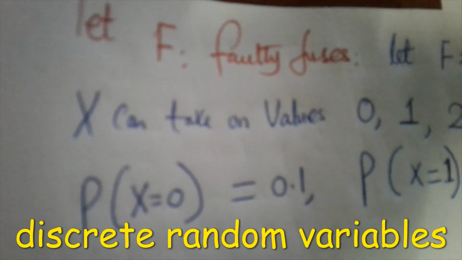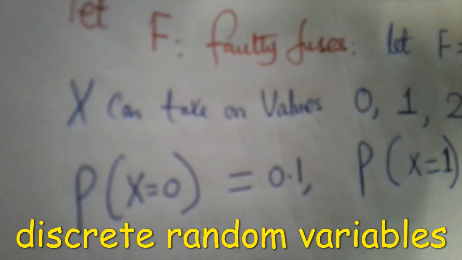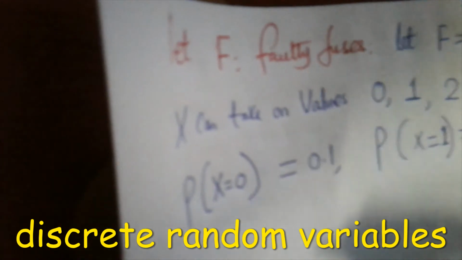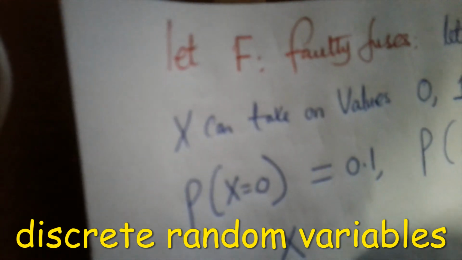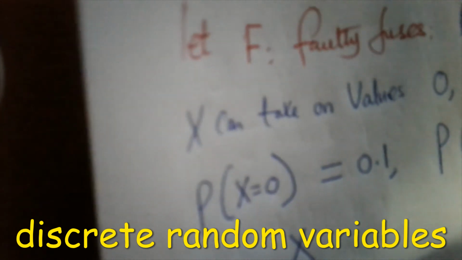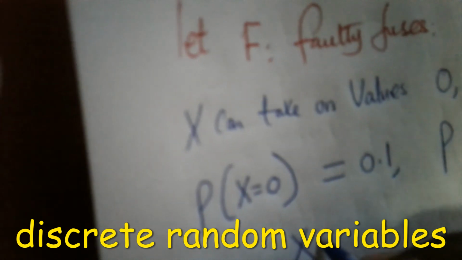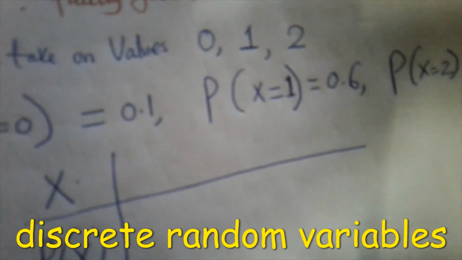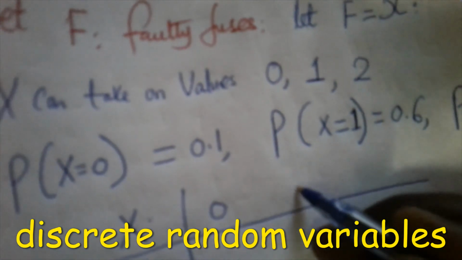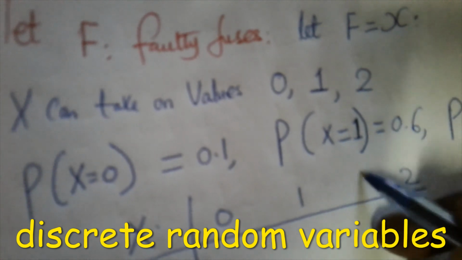Sometimes these are written in the form of a table, where you can have x, then probability of x, and in the summary form you can have 0, 1, 2.